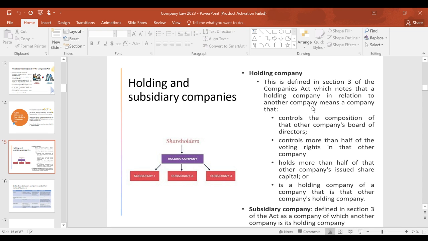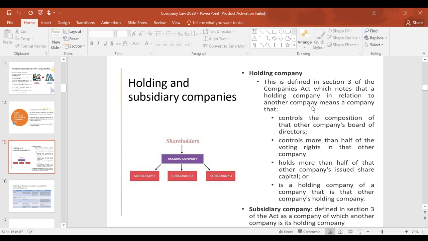But there are some decisions that may require not just 50 plus 1% or 50 plus 1 vote. They may require some resolutions, as we will see in our other chapter when we'll be looking at company meetings and resolutions, that some resolutions require at least 75% of votes. So, in the event that this is not a wholly owned subsidiary, then there can still be a holding company that may not have the total control over a subsidiary.